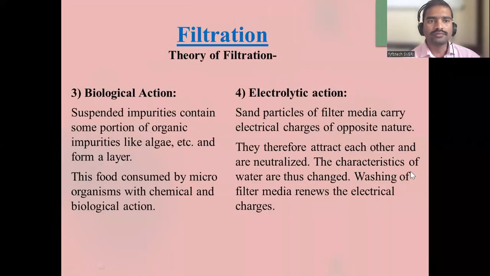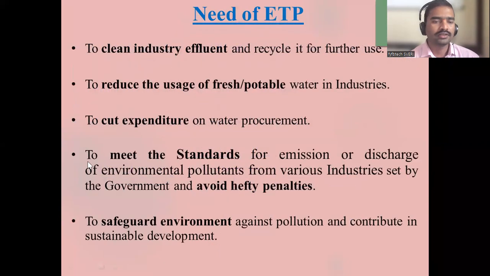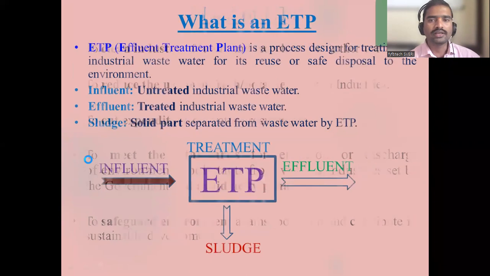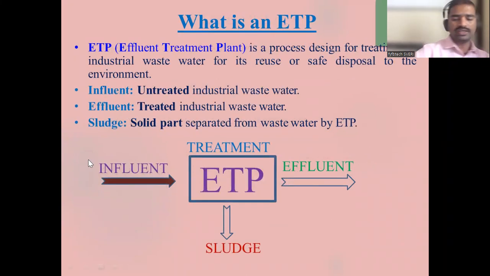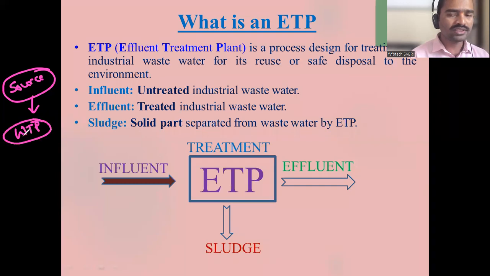After supplying water to the city, waste is generated. The water is converted into waste. You have seen that from the source, water comes to the WTP. What is WTP?